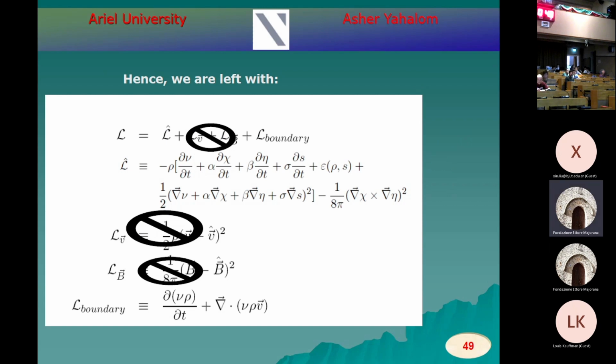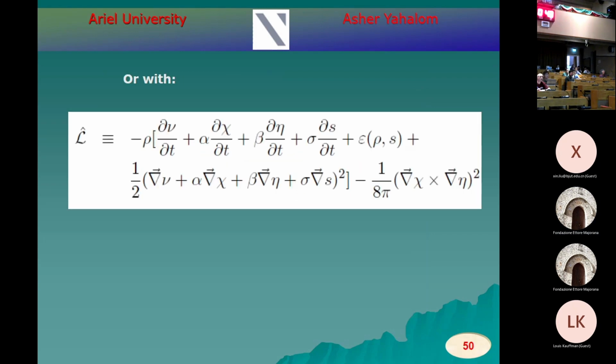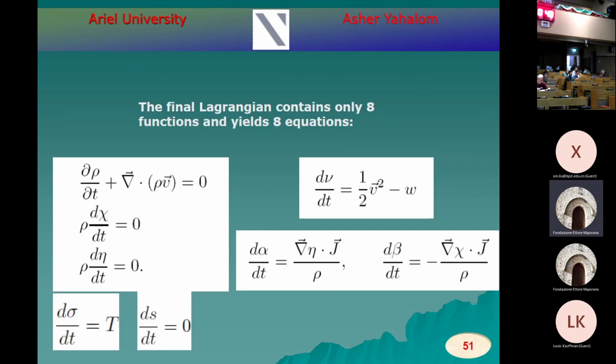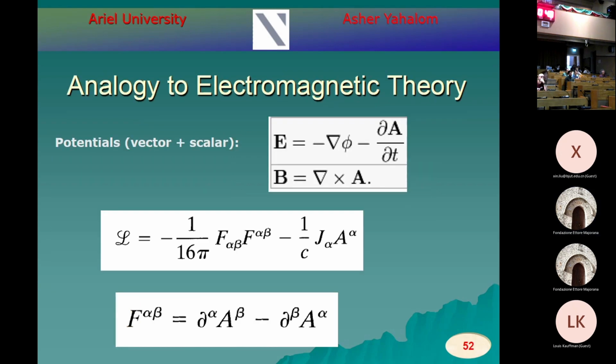We remove those two terms, and we are left with the L hat. So now we have this Lagrangian, which of course contains many fewer functions to play with. And those are the equations we get, and we know already that they are equivalent to the standard set of magnetohydrodynamic equations.